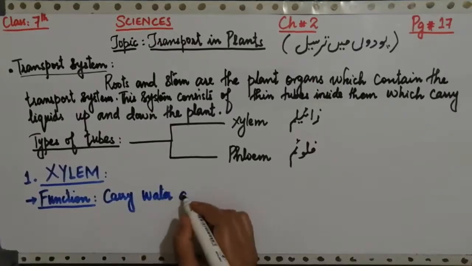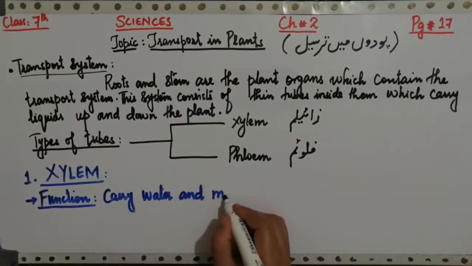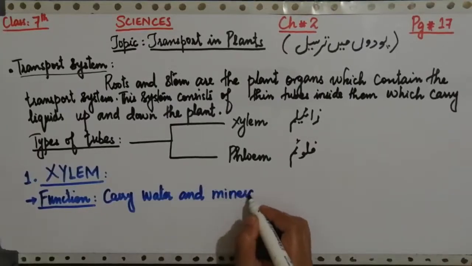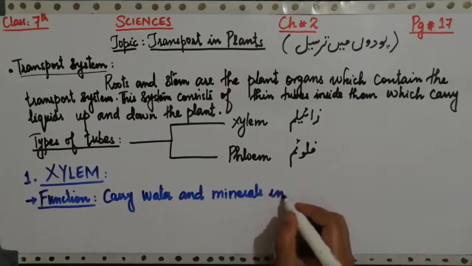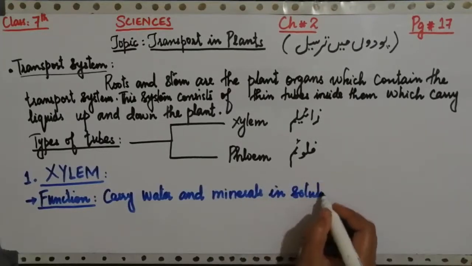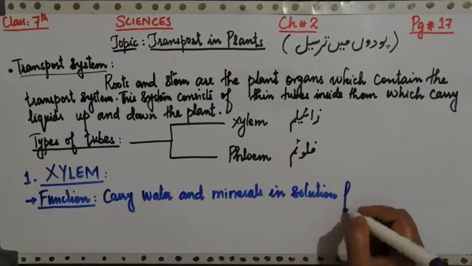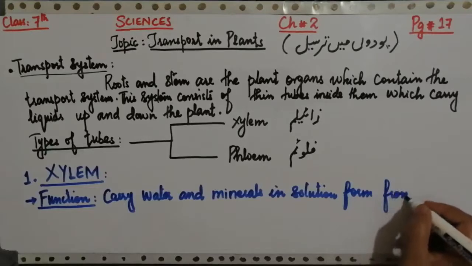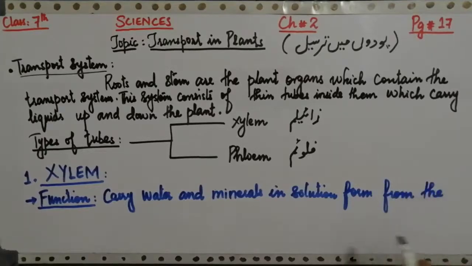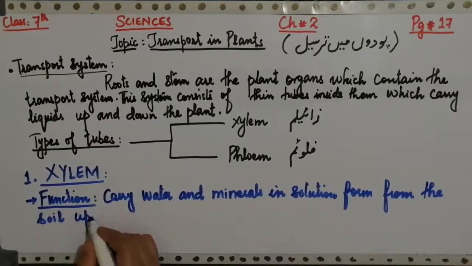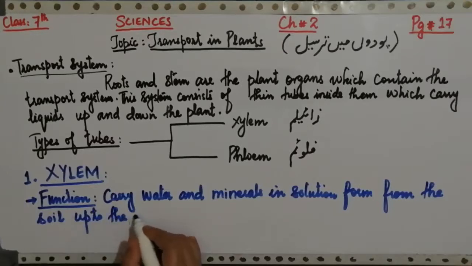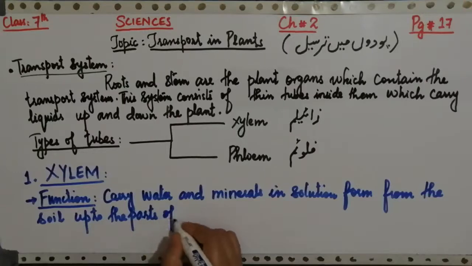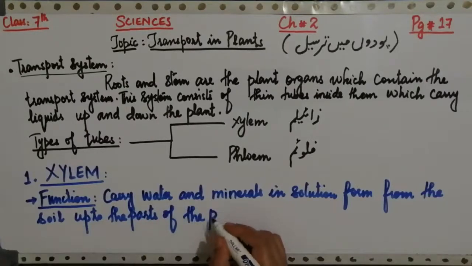Along with water, they also carry minerals which are salts in solution form, that is in liquid form. Solution means in liquid form, from the soil. From the soil, that is underground, up to the parts of the plant which are present above the ground.